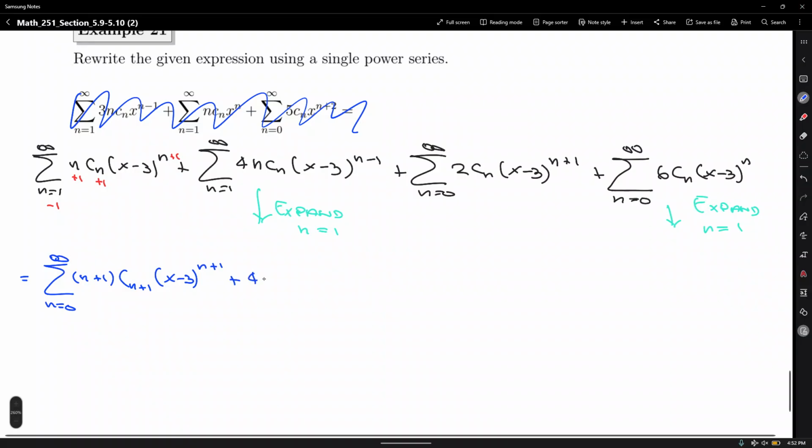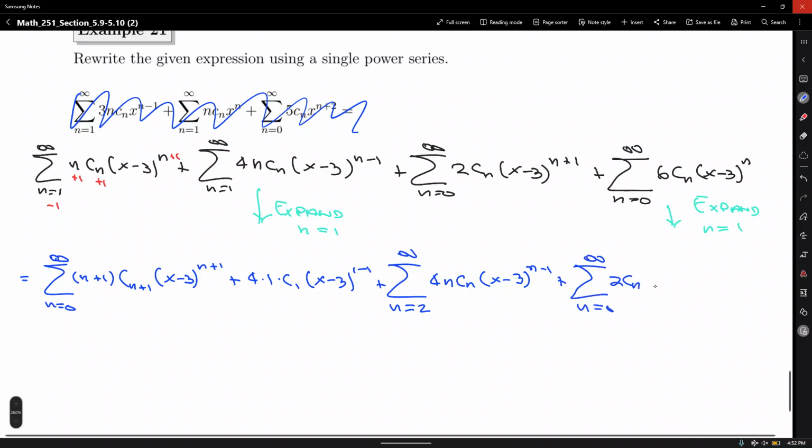That's a plus 4 times 1, which is times c sub 1 x minus 3 to the 1 minus 1, plus the series sigma n equals 2 this time to infinity of 4 n c sub n x minus 3 to the n minus 1. All right, the third series remains the same. Sigma n equals 0 to infinity 2 c sub n x minus 3 to the n plus 1.